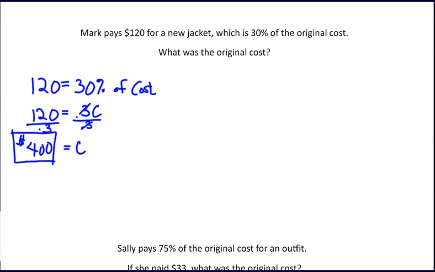Now we could have done this problem with proportions, and some people prefer to do it that way. When you do the problem with proportions, the percent, which is 30 in this case, will always go over 100. Now Mark pays $120, which actually corresponds to the 30%.